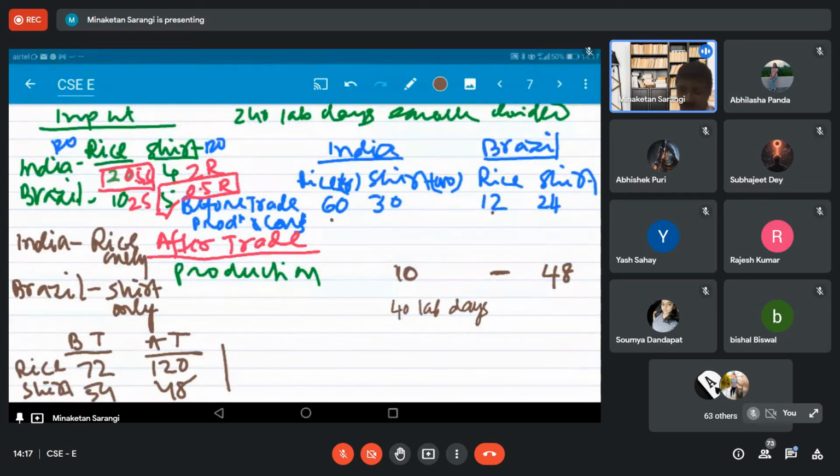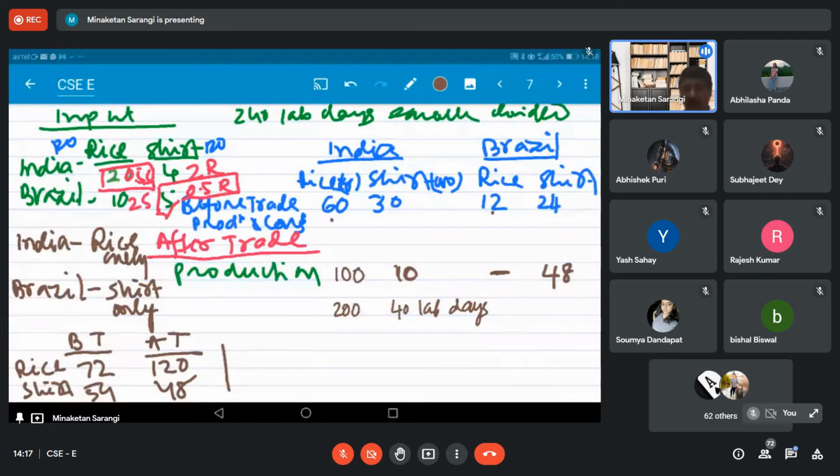How much is remaining? Remaining 200 labor days. Using 200 labor days, India will produce rice. Production of 1 kg of rice requires 2 labor days. Utilizing 200 labor days, India will be able to produce 100 kg of rice.